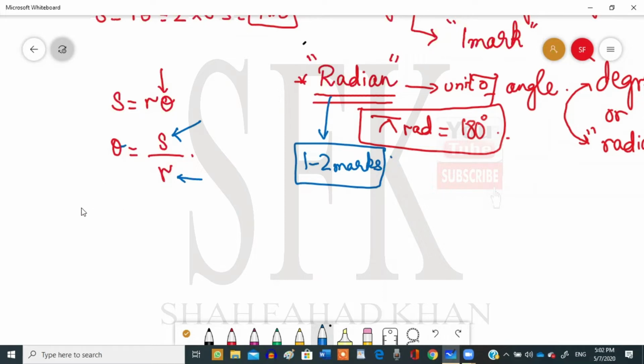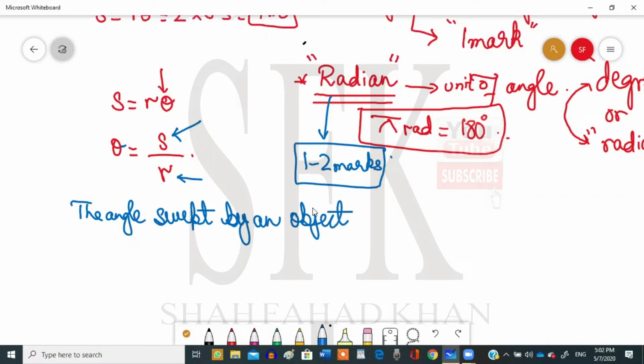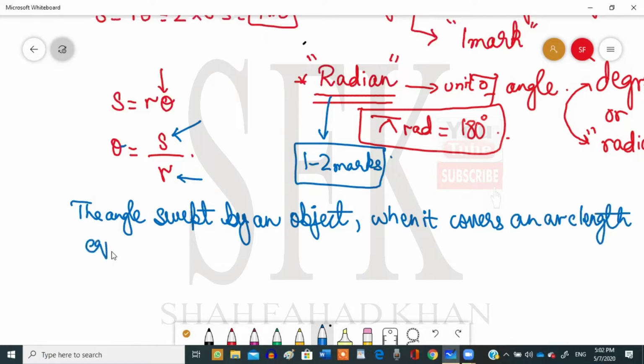Or you could just say that it is the angle swept by an object when it covers an arc length equal to the radius.